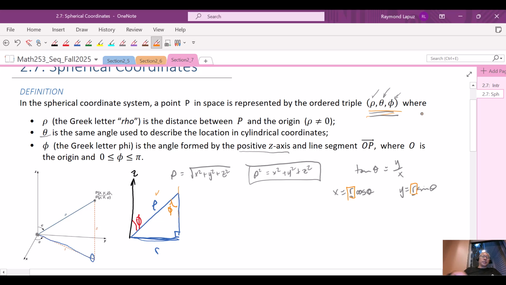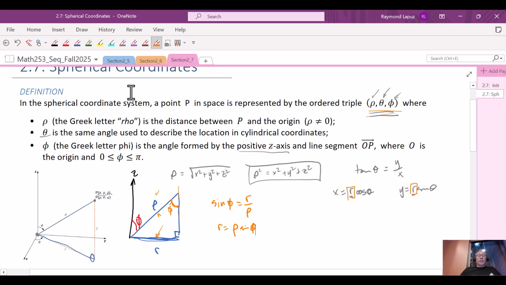So what is r equal to? If this is my angle, this r is the opposite side, and rho is the hypotenuse. Opposite over hypotenuse is sine. So sine phi is the opposite side over the hypotenuse, so that's r over rho. That means r is equal to rho sine phi.